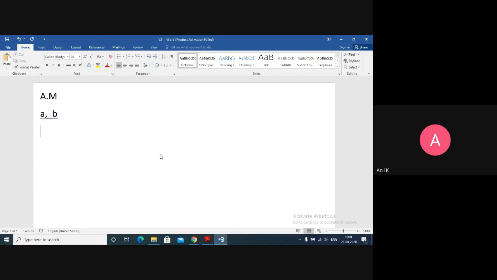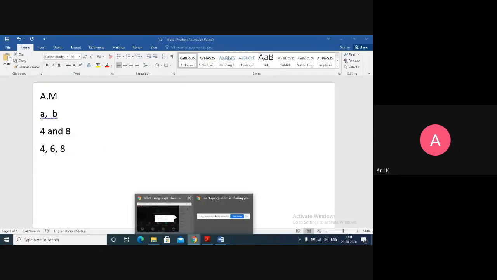For example, if I take the number 4 and maybe I'll go for 8. I insert the number between 4 and 8 as 6. So this is 4, 6, 8. I think this 4, 6, 8 will form an AP, right?